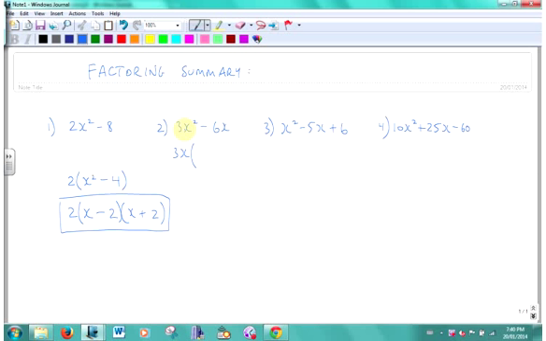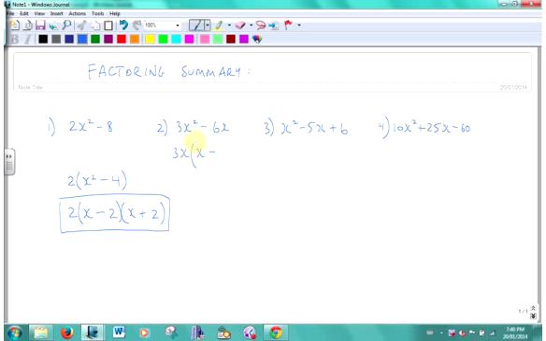Okay, if I take 3x out of 3x squared, what do I need to multiply this by to give me this thing? An x. The other way of thinking is, what is this term divided by 3x? It's x. And how do we check? Well, we just multiply this back, 3x times x, and that gives me 3x squared.